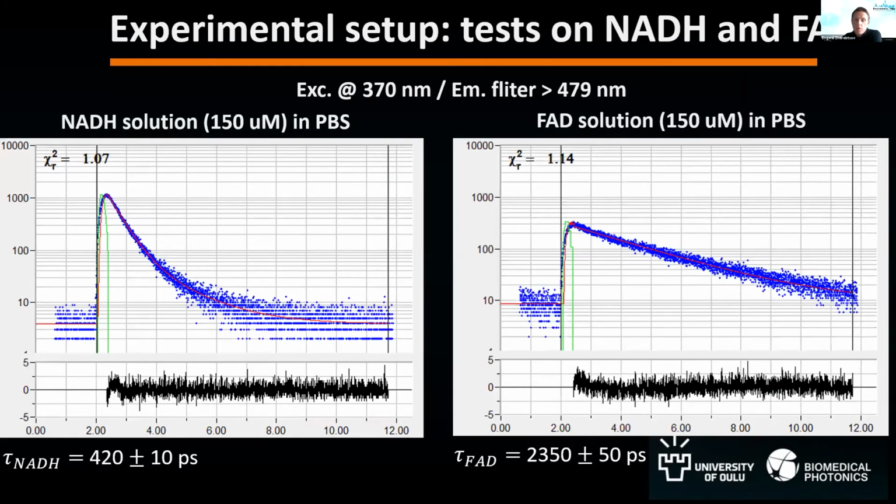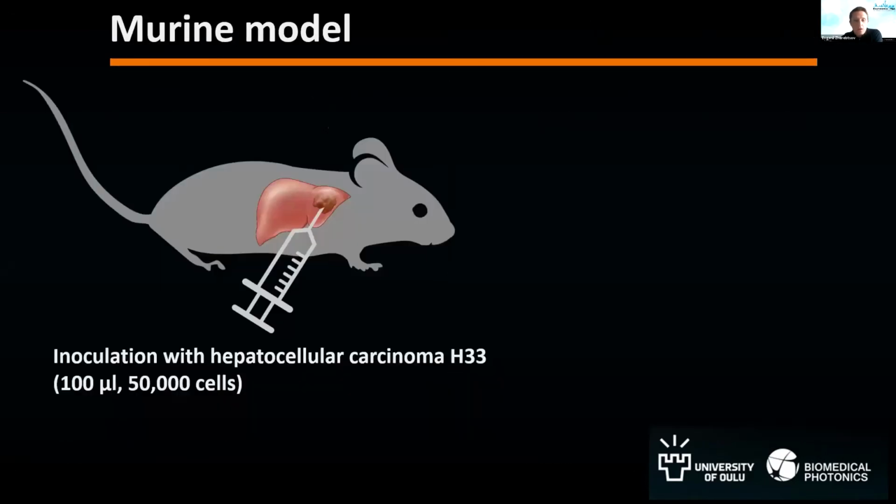And this is an example of the calibration of the fiber optical probe, the needle probe, within the setup, for example, of NADH solution with the physiological concentration in PBS and FAD solution. So it's exactly the numbers for the relaxation times you can find in handbooks.